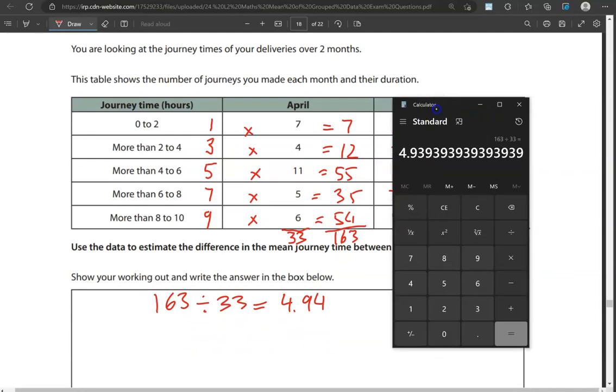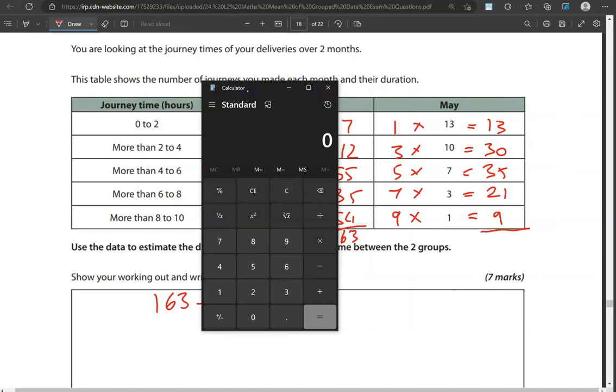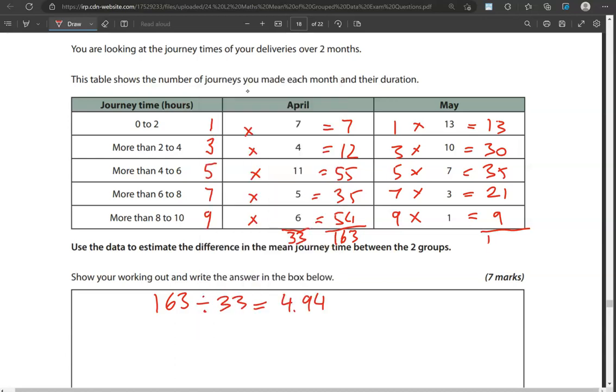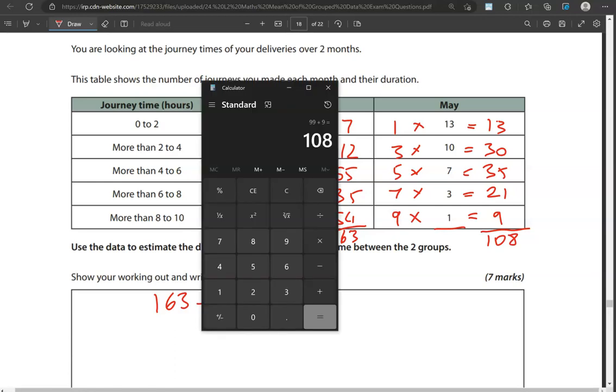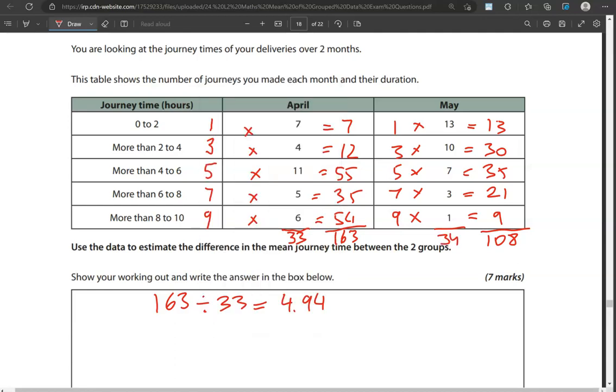So working out the total time, 13 add 30 add 35 add 21 add 9 gives us 108. And the number of journeys is 13 add 10 add 7 add 3 add 1, which is 34.